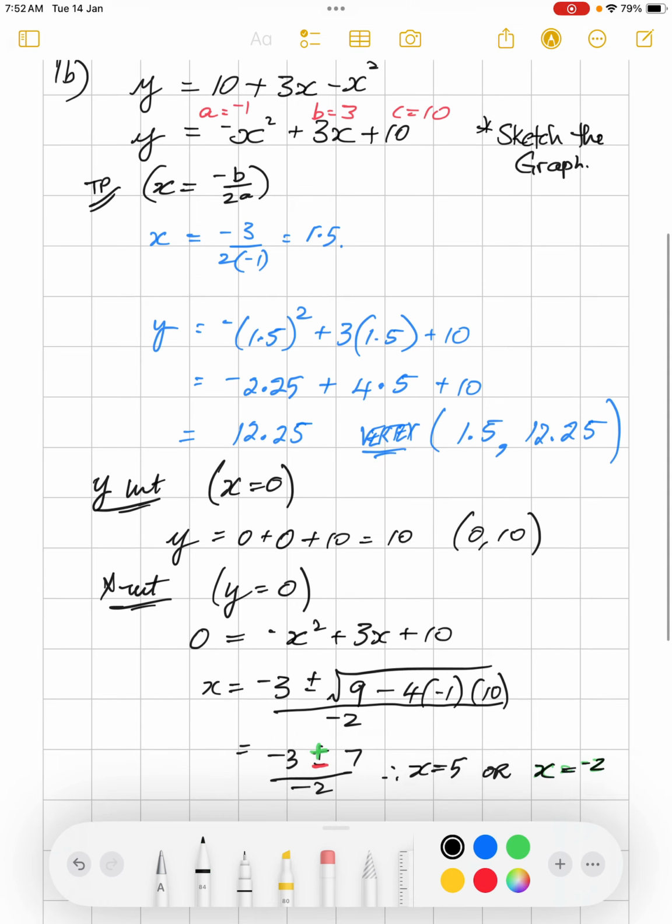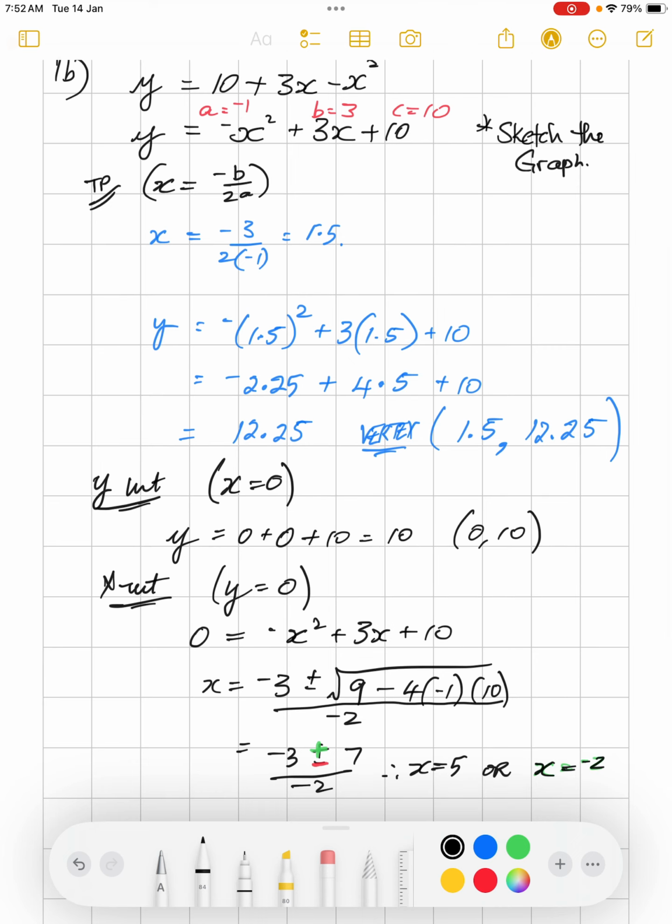Now let's sketch this, and let me sketch it so that I've got it on the screen here, and I'll put the y-axis here, and I'll put the x-axis here, and let's plot these points now. Let's put 10, 20 like this.